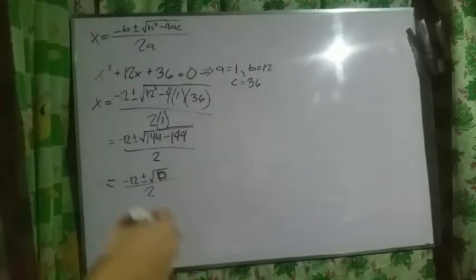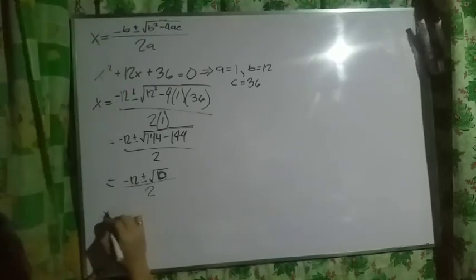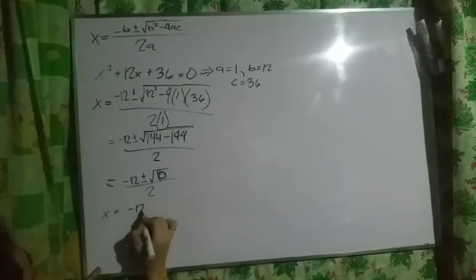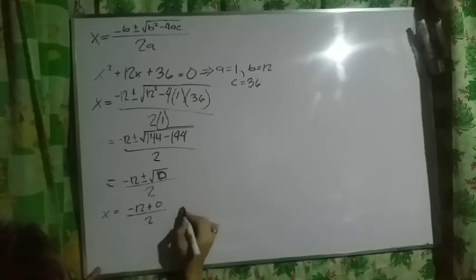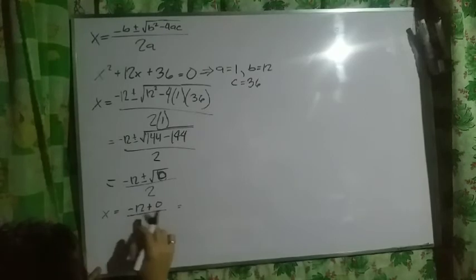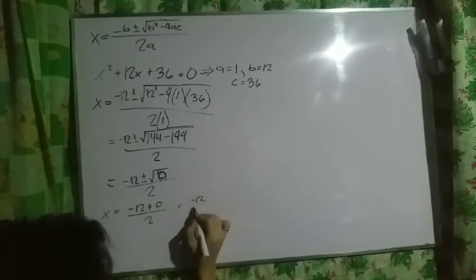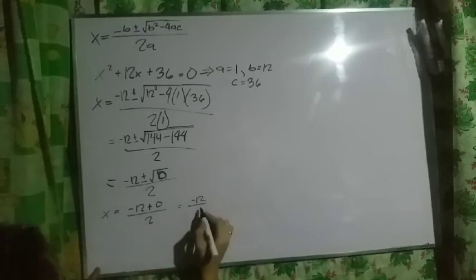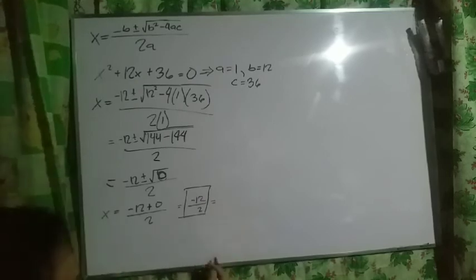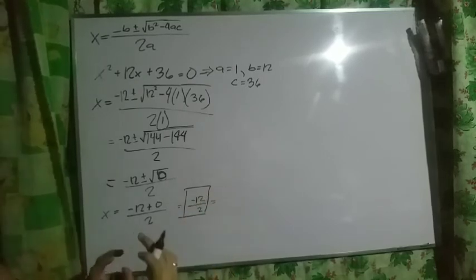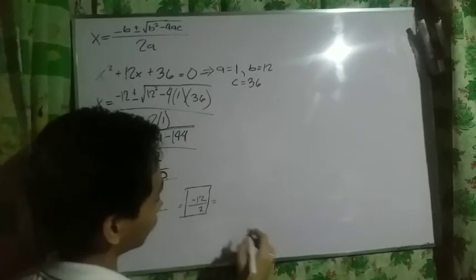So first, just like what we did earlier, x equals negative 12 plus 0 over 2, equals negative 12 plus 0 is obviously negative 12, over 2. And you need to simplify this again. As long as it can be simplified, you need to simplify it.